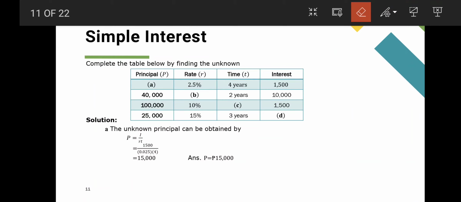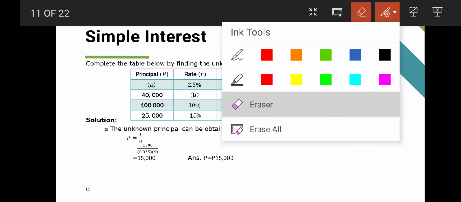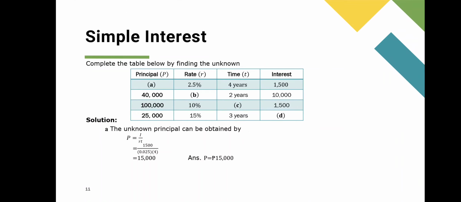Okay, so for letter B, the unknown rate, because we're looking for the rate here, can be calculated by using the formula R equals I over P times T. So, we know that for letter B, principal amount is 40,000 pesos, time is 2 years, and interest is 10,000 pesos.